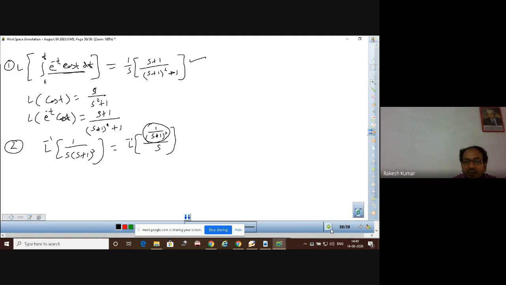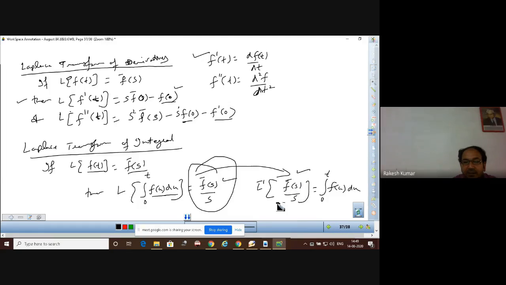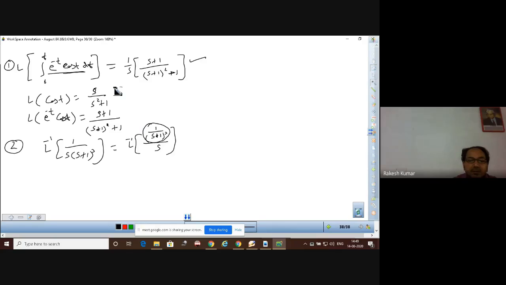And if we compare this with this one, then that should be equal to integral 0 to t f of u du. And that should be equal to integral 0 to t f of u, or f of t, somewhat the same. A change of variable in a definite integral doesn't make any difference.